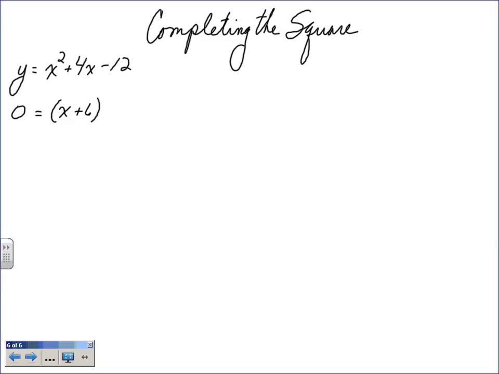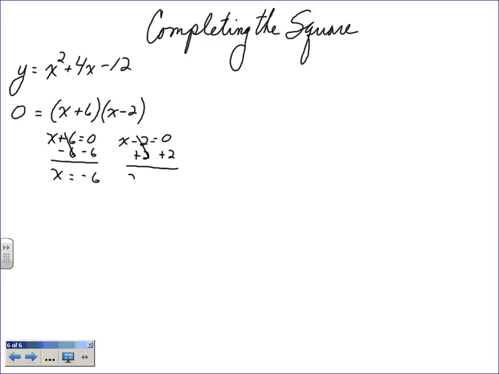X plus 6, x minus 2, and then either x plus 6 equals 0, or x minus 2 equals 0, and subtracting 6 from each side. This is one of the methods we had. And so x would equal negative 6 over on this side. That's one way.